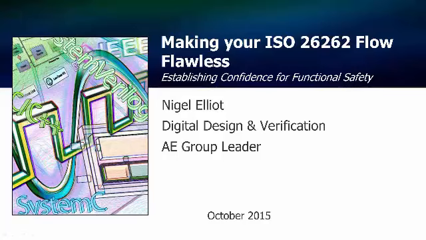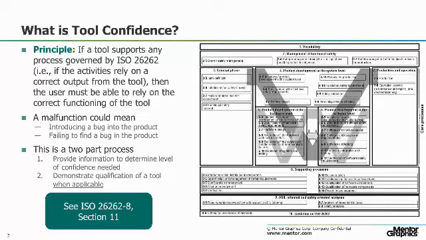So yeah, this session is going to talk specifically around the automotive safety standard ISO 26262. This standard dictates that any tool that is involved in the design of automotive systems, and the process relies on the output of those tools, needs to be proven to be functionally correct and reliable.